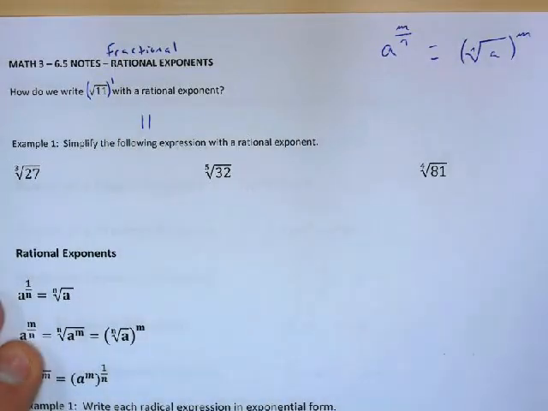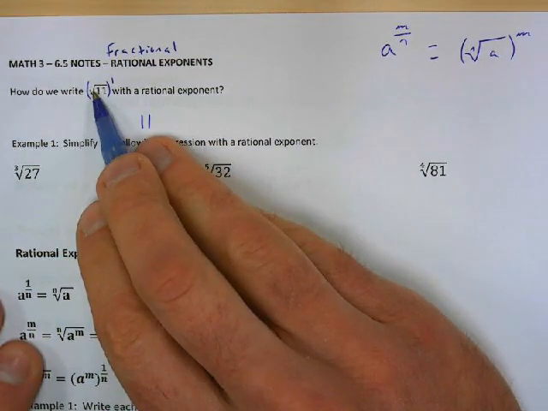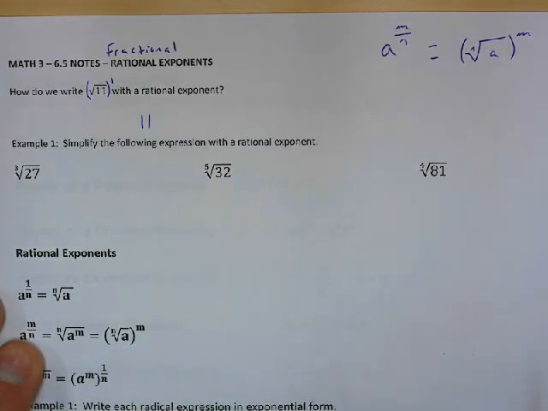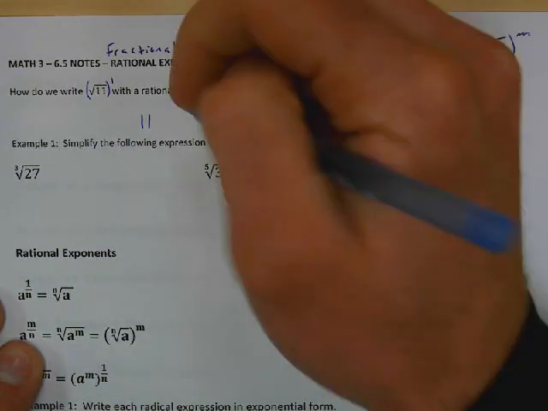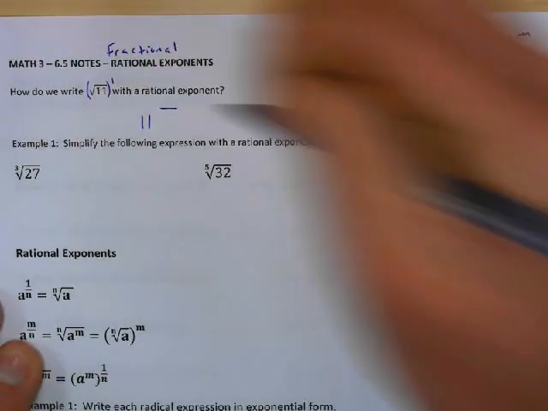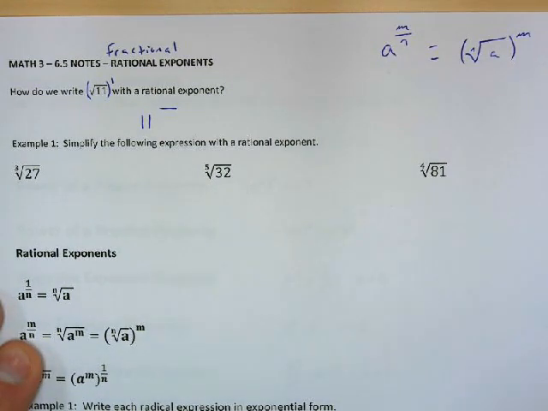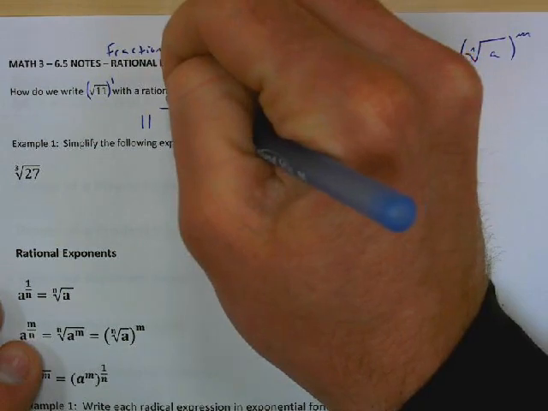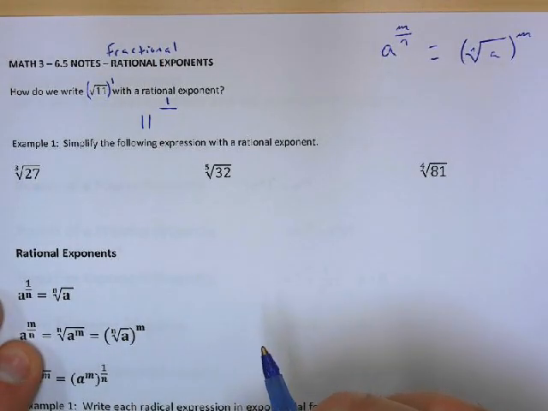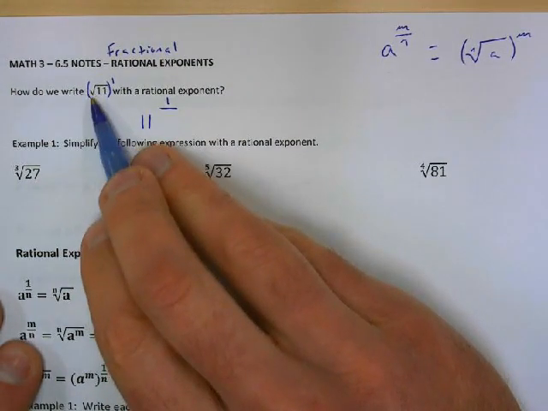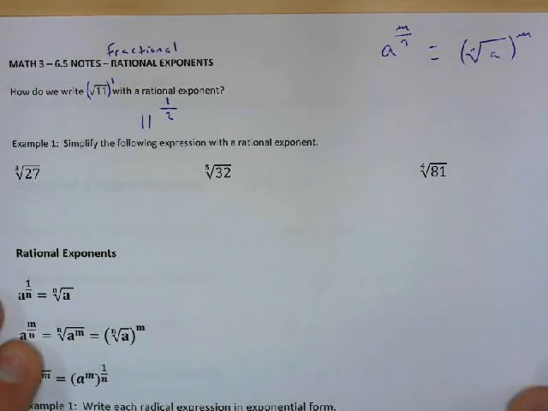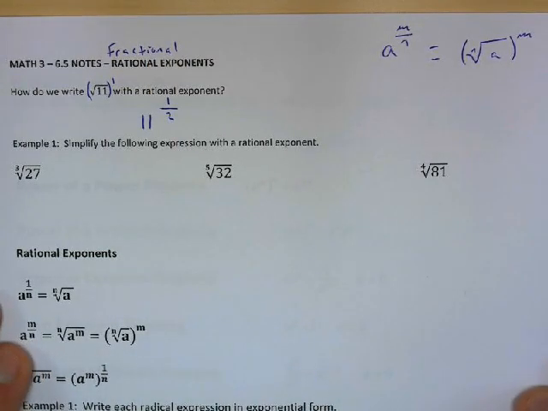Okay, and then anytime we're dealing with a radical, whether it's the square root, cube root, fourth root, fifth root, doesn't matter, our exponent is always going to be a fraction. So I'm going to write my little fraction bar up here. And then next, what power are we raising this thing to? Well, the first power, so that goes on top. And then what root are we taking of 11? Well, the square root, which is the second root. So the square root of 11 is the same as 11 to the 1/2 power.